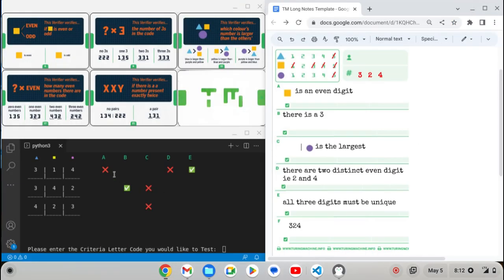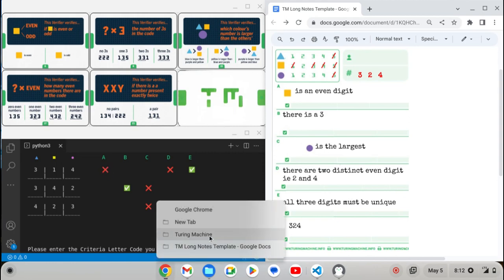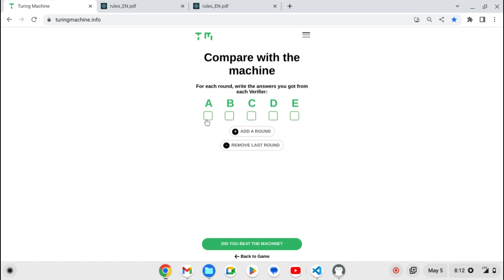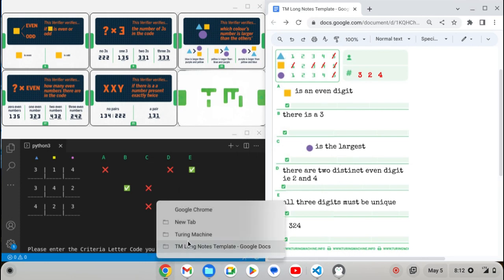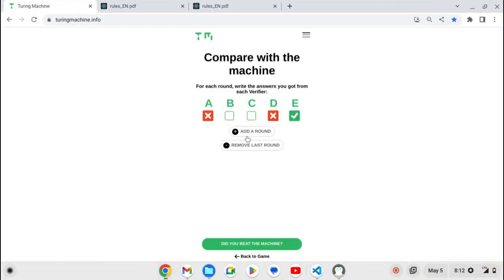We first tested ADE, so let's type that in, and I believe E was the only correct one in that turn. That's right. Then we tested BC.